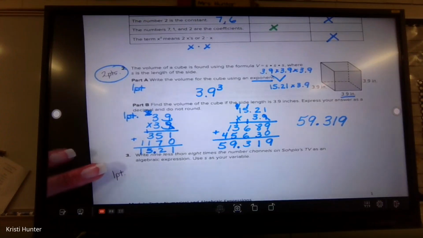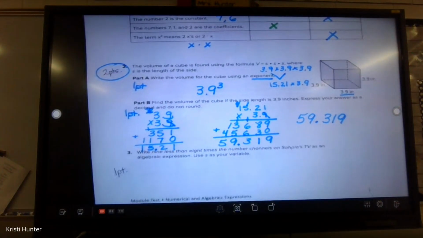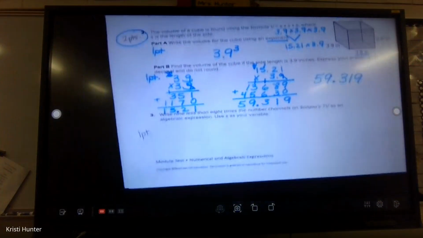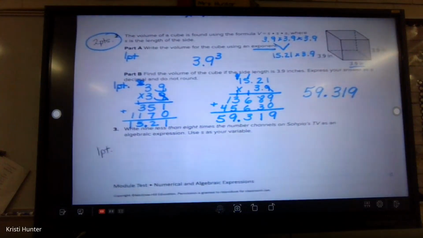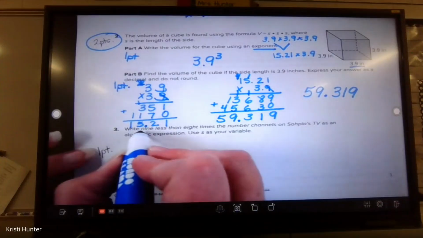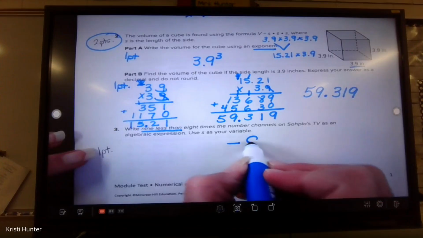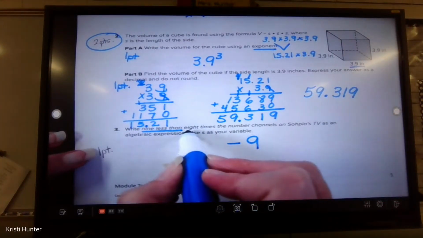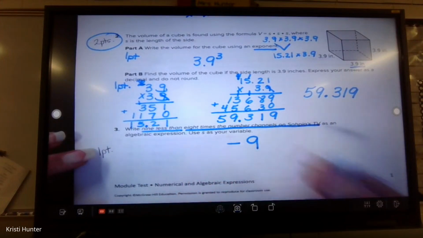All right, and 3. It says, write 9 less than 8 times the number of channels on Sophia's TV as an algebraic expression. Use S as your variable. So it said 9 less than, so that told me to subtract 9. The second half said 8 times the number of channels on Sophia's TV.